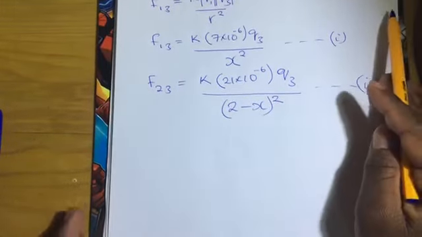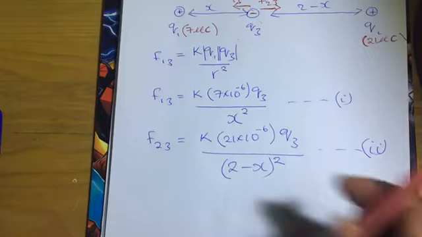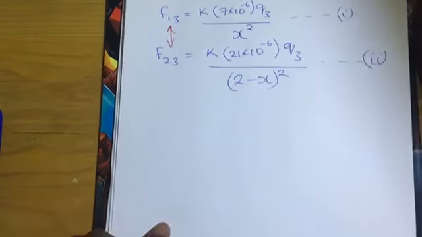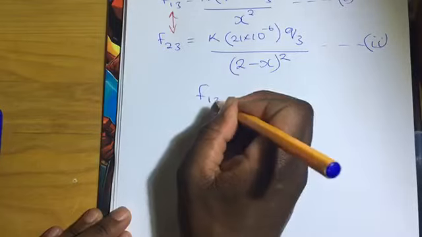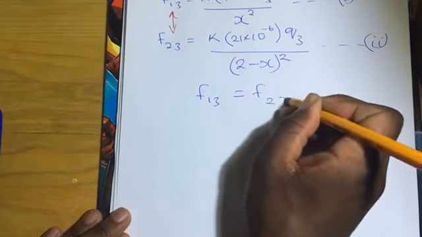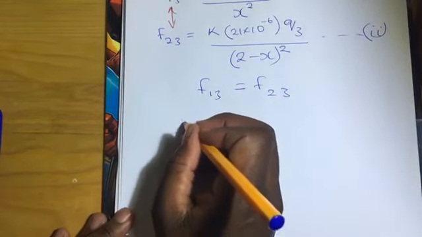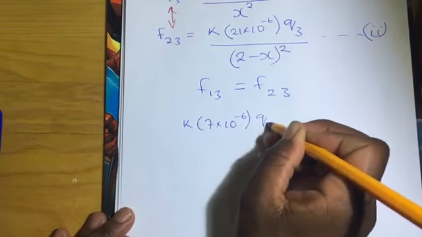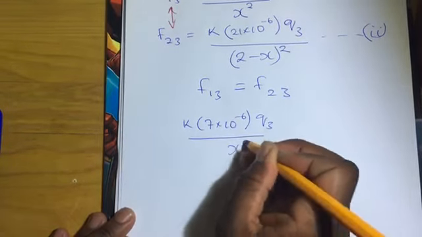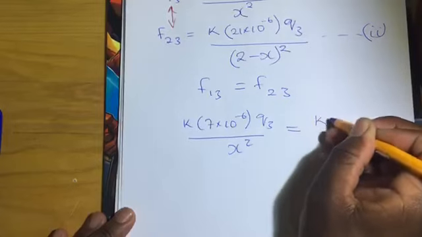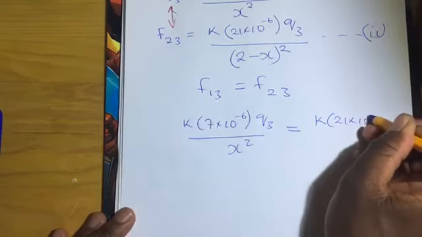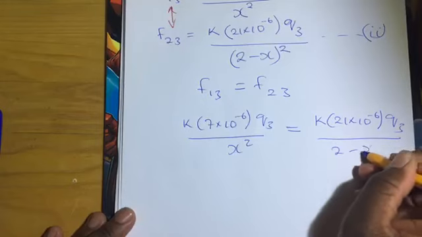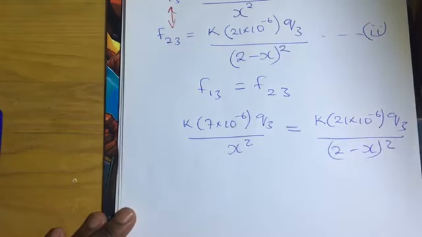Now, for this thing to remain at equilibrium, F13 should be equal to F23. Remember, we said F13 should be equal to F23, meaning K 7 times 10 to the power negative 6, Q3 divided by x squared should be equal to K 21 times 10 to the power negative 6, Q3 divided by 2 minus x squared.